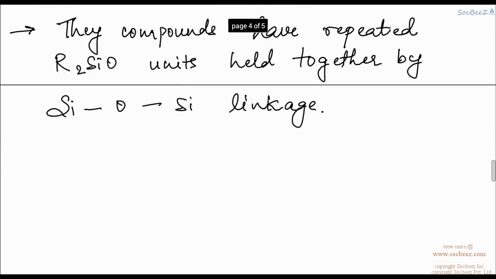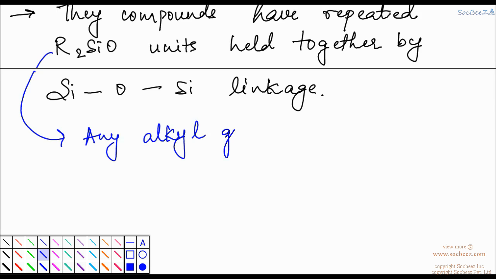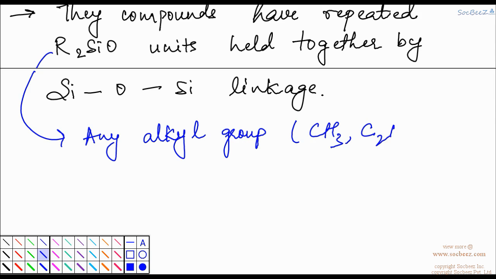Here R stands for any alkyl group like CH3, C2H5, etc. It can be anything.